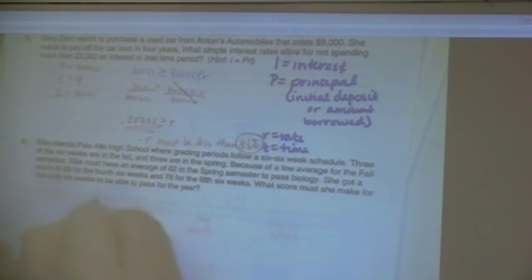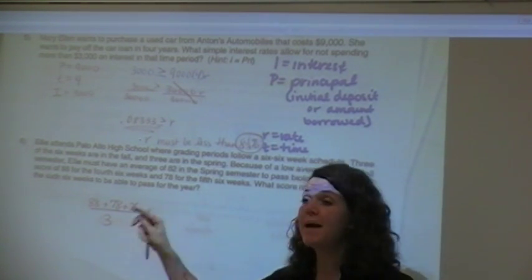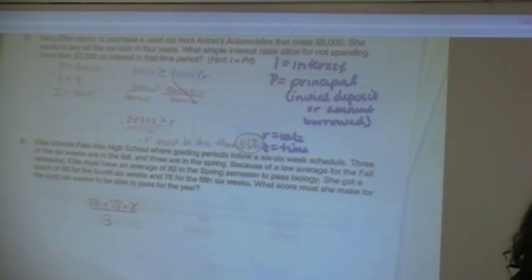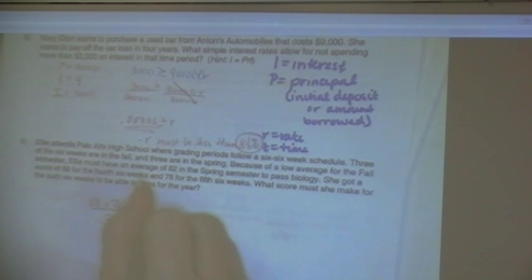She had an 88, a 78, and the third grade we do not know yet, so that's where we put an X. We do know this number better be 82 or bigger. So this number has to be greater than or equal to 82.